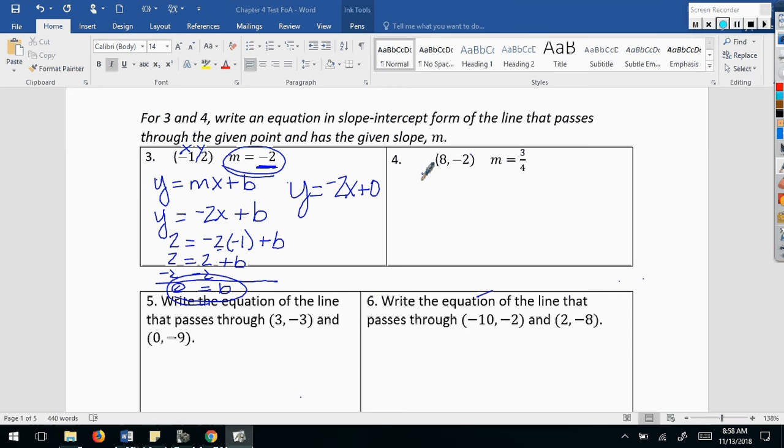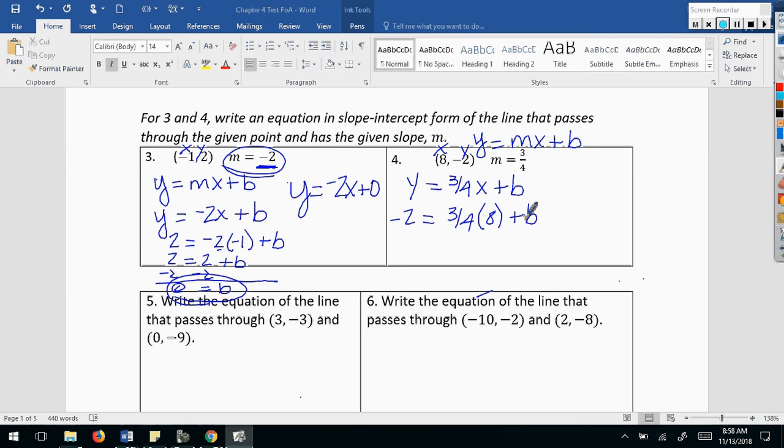Same thing on number 4. So y equals mx plus b. I'm going to plug my slope in. So I have 3/4 x plus b. And now I'm going to use my 8 and negative 2 for my x and y. So I get negative 2 equals 3/4 times the x is 8 plus b.